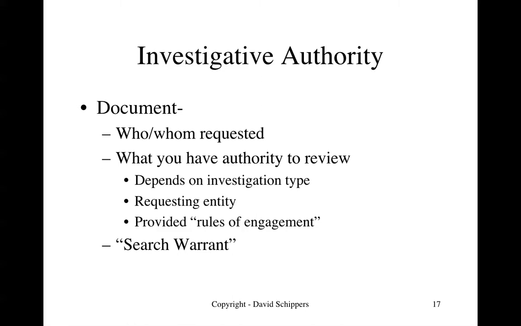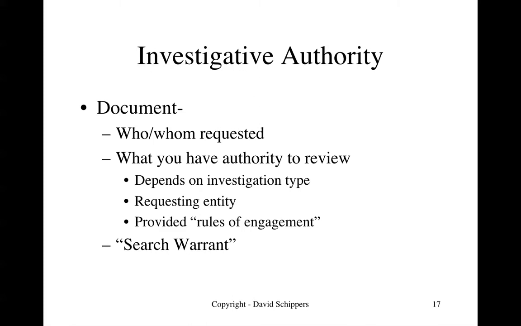Now, if we go back to the example that I gave earlier, which was we're looking to see if Dave Skipper stole trade secrets, let's say in that course of investigation, you come across information that leads you to believe that Dave Skipper may have been committing fraud and stealing funds. Now, you would go back to the people who gave you the request and contact them if you have a question about whether you should expand your scope. They would be the decision makers on that.